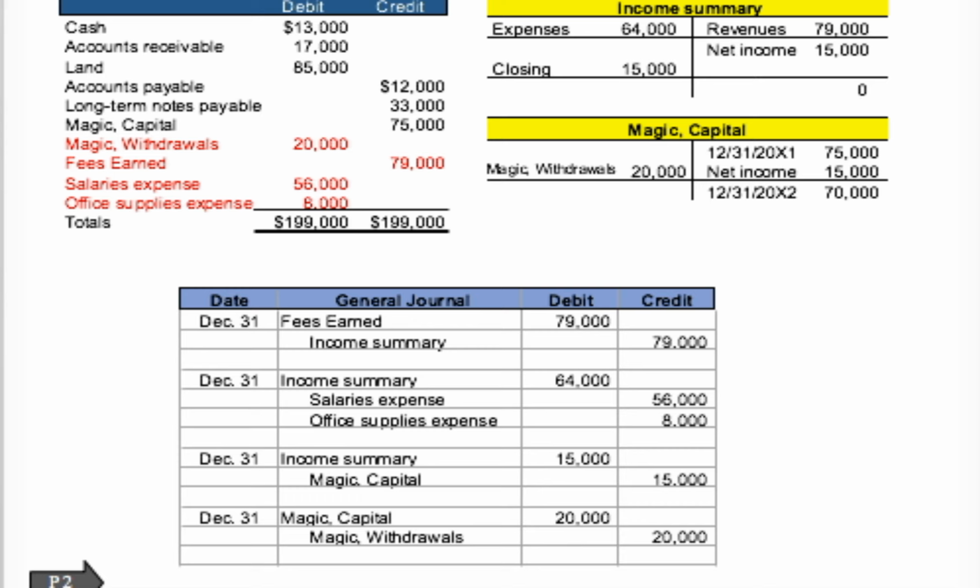The final step in the closing process is to close the withdrawals account by crediting the withdrawals account for $20,000 and debiting that same amount from Magic Capital. Notice that the withdrawals account is not closed to income summary because withdrawals is not part of the calculation of net income. The balance in Magic Capital at the end of the period is now $70,000.